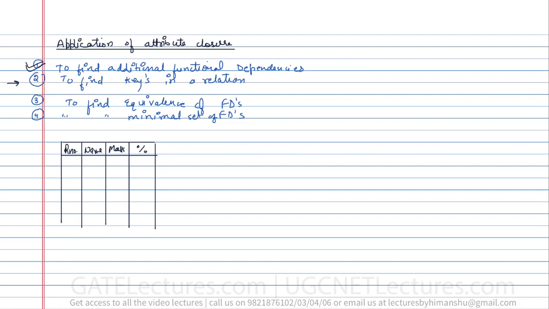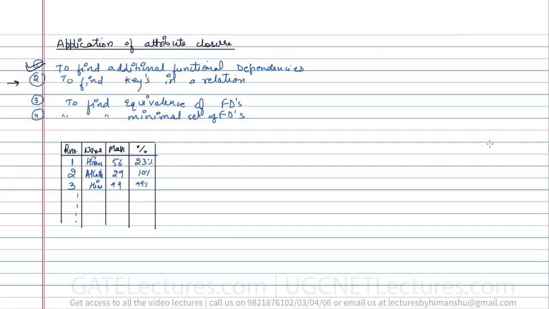Now we can have some data like this: roll number 1, name Himanshu, marks 56, and percentage is 23%. Roll number 2, name Akash, marks 29, percentage is 10%. Roll number 3, name Himanshu, marks 99, percentage is assuming 99% something, right?